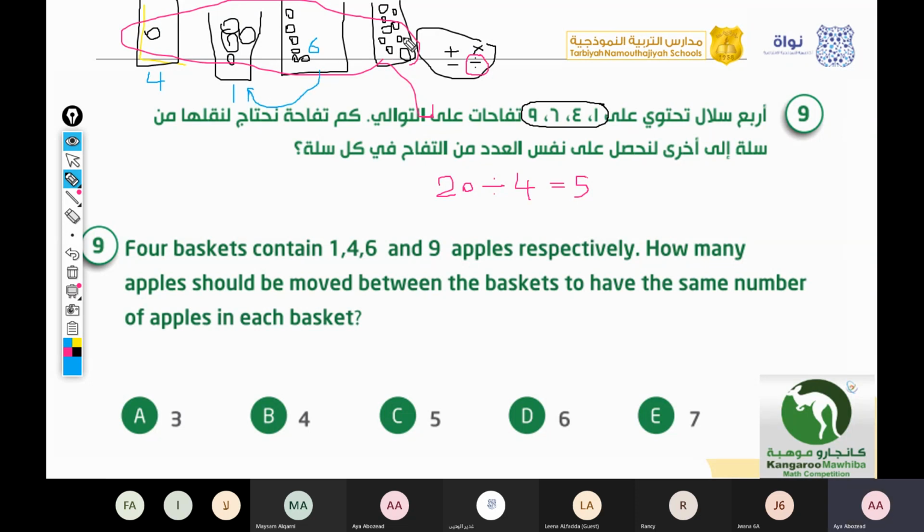And here you have 9. And you wanted to make this as 5. So you have 4 left, and we will take this 4 here. Now, how many apples should be moved between the baskets? How many apples did we move?